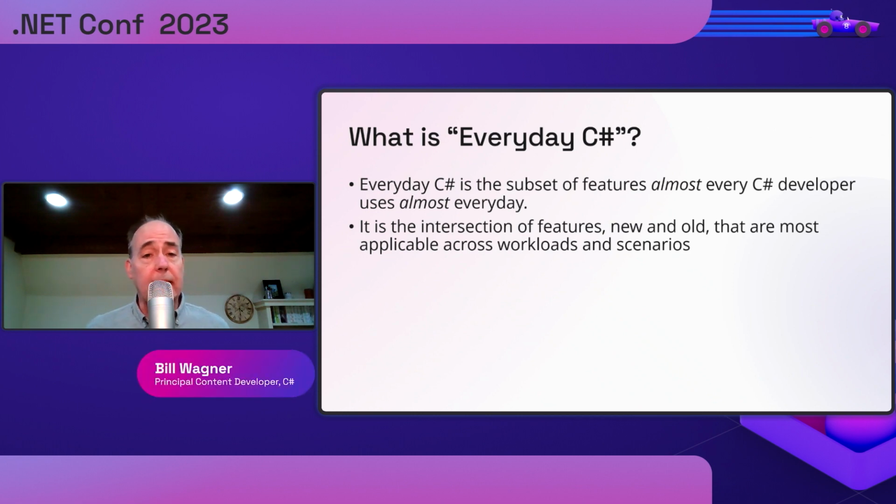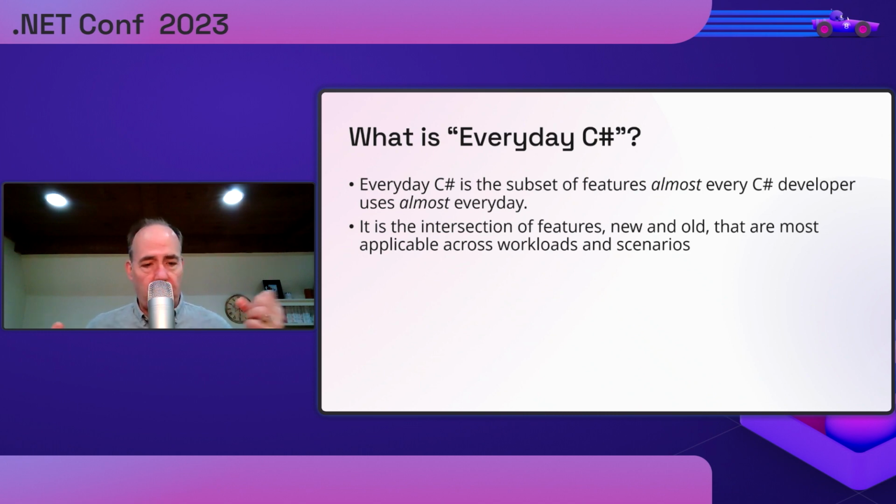So we keep adding things to the language. We keep making it better. That does mean it keeps getting bigger. So what that means for us as we're looking to move forward is what should you be doing now? So I've been defining and reworking some of the docs to say that everyday C sharp, it is the subset of features that almost everybody who's using C sharp should be using almost every day.